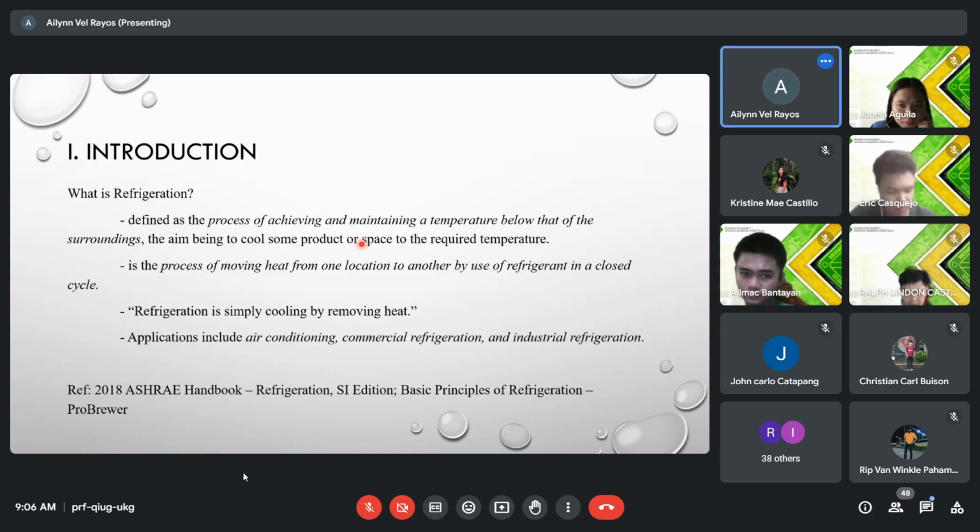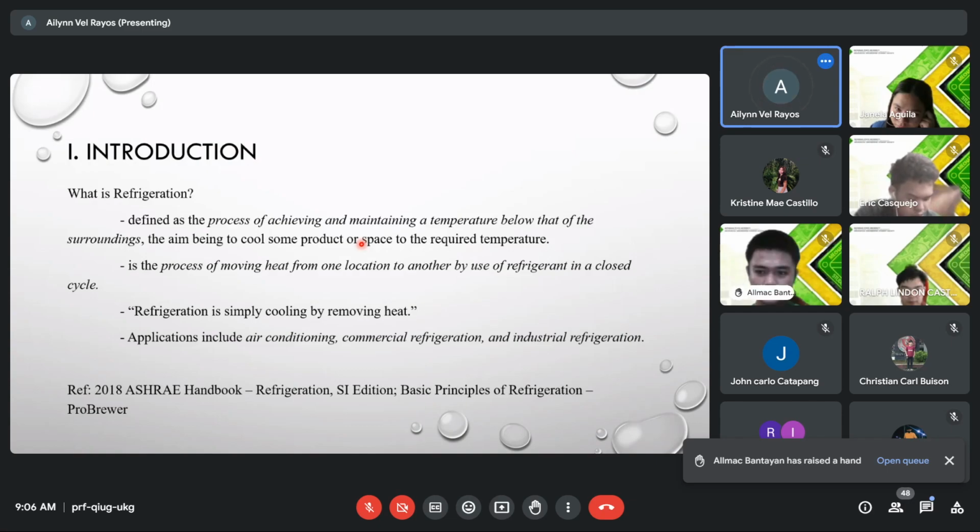But in terms of cooling, cooling is a spontaneous process, meaning even without any work input in the process.